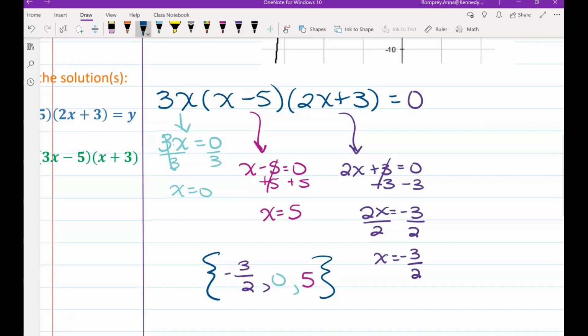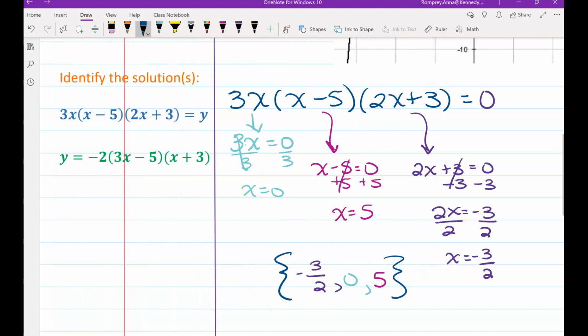If we were to graph this polynomial, we would hit the x-axis at negative 3 halves, 0, and 5. We're going to use this a lot more later, but for right now, we're just looking at it to find what our solutions are. When y equals 0, what is x?